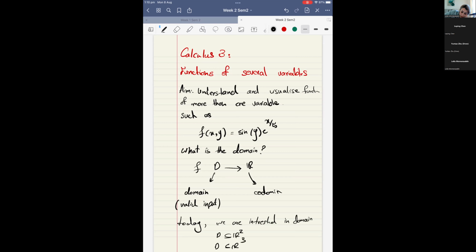For example, R square, like m and v, mass and velocity, with E equal to half of mv squared.